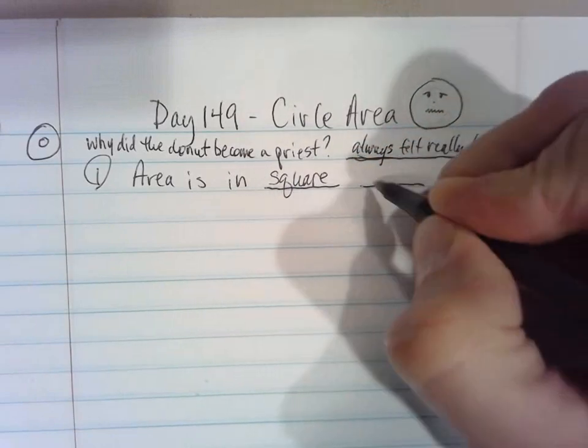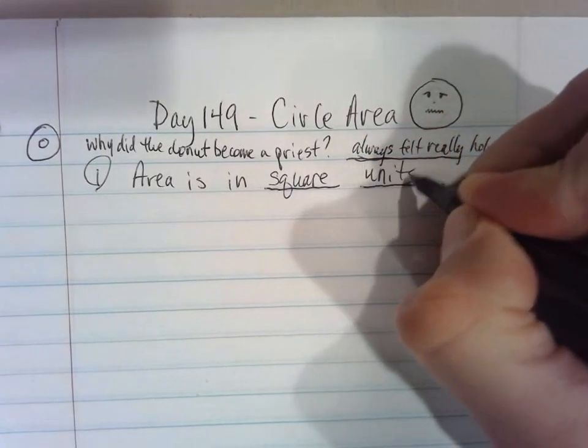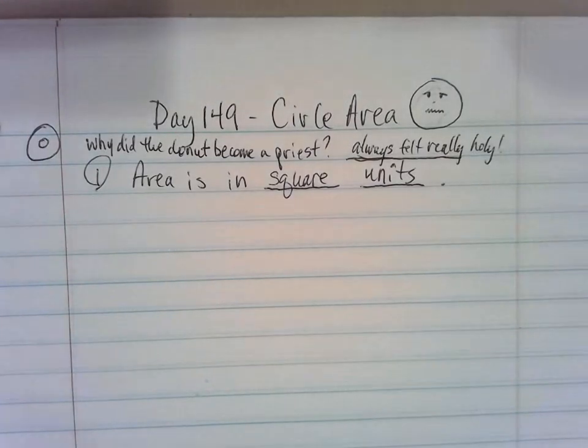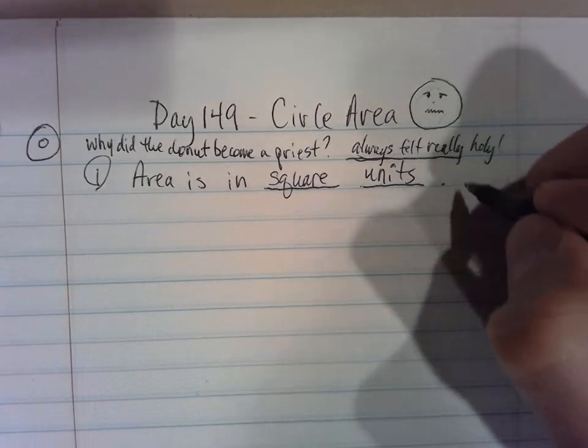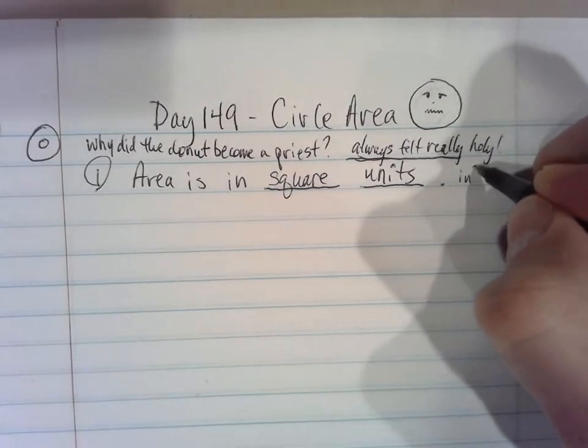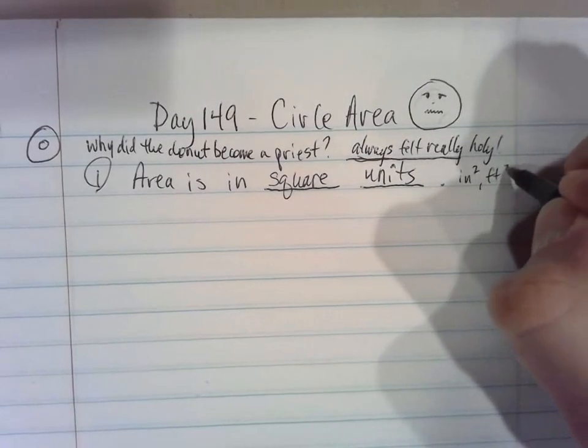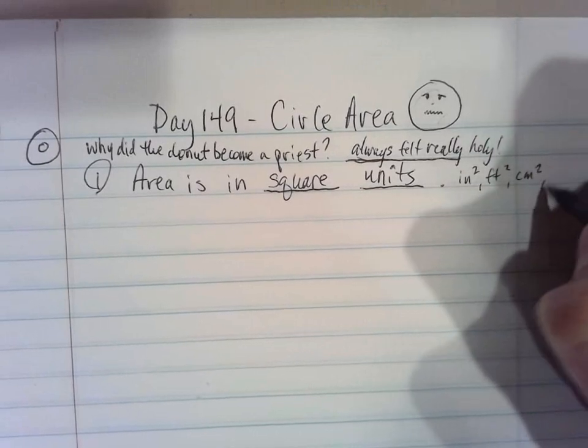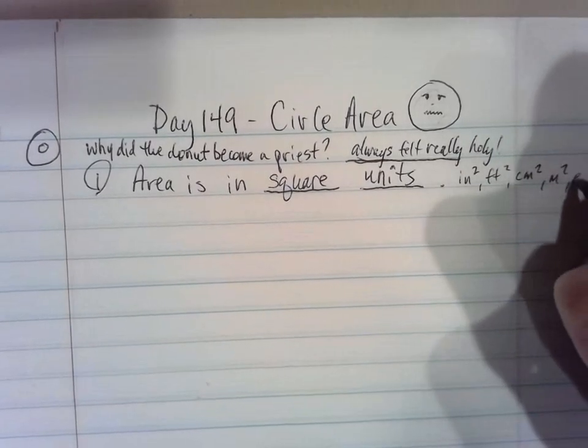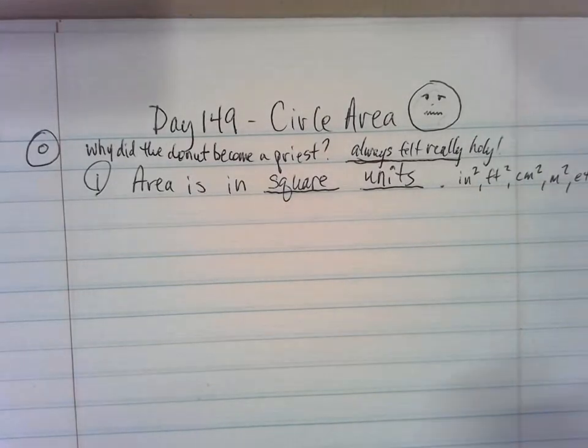Even if you were talking about a rectangle, a square, a trapezoid, or a triangle, it was going to have some kind of square units. So that would be inches squared, feet squared, centimeters squared, meters squared, etc. That's going to tie into our formula. Everything's in square units.